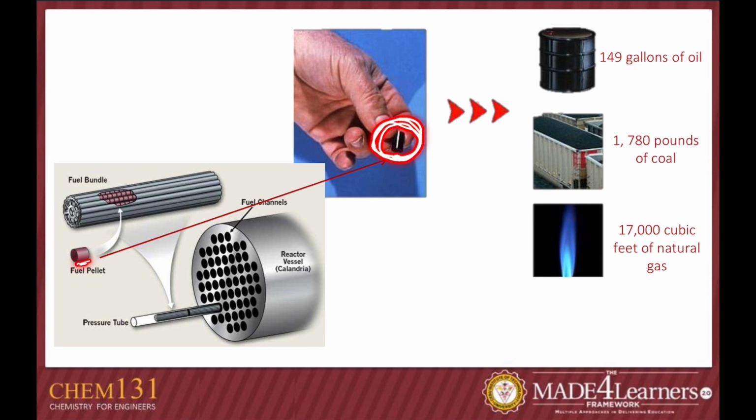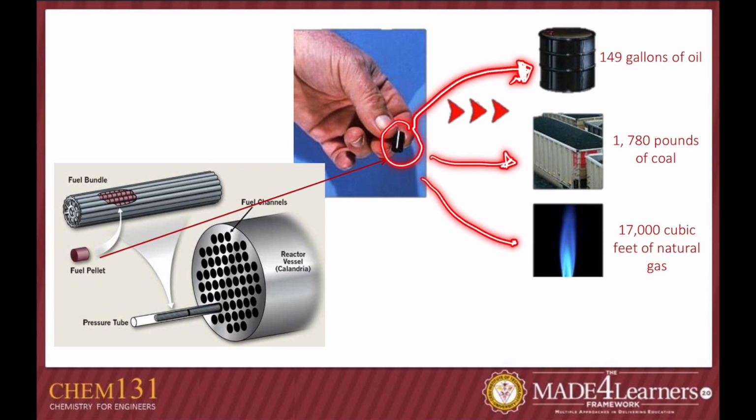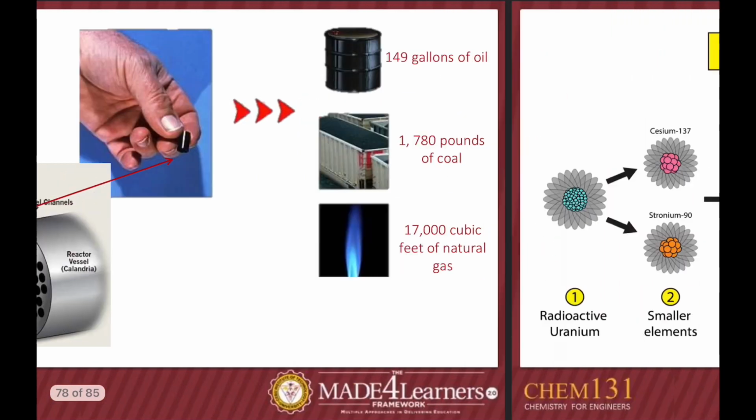Imagine also a fuel bundle, with many fuel pellets, fissionable materials, stuffed in. Something this small is equivalent in energy produced to 149 gallons of oil, or 1,780 pounds of coal, or 17,000 cubic feet of natural gas. There is no pollution. Being that small, a great amount of energy is released. And there are no greenhouse gases produced here. So that's actually nice.